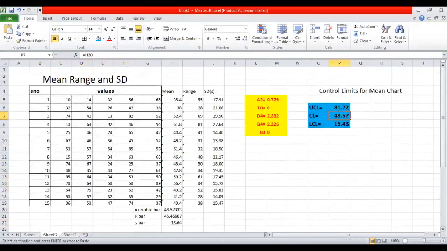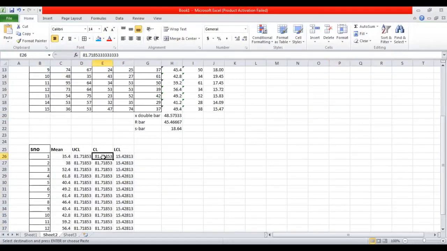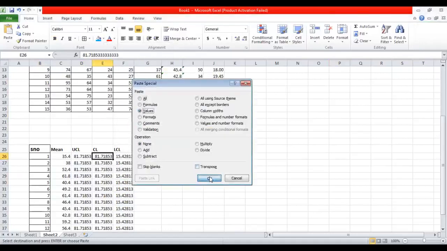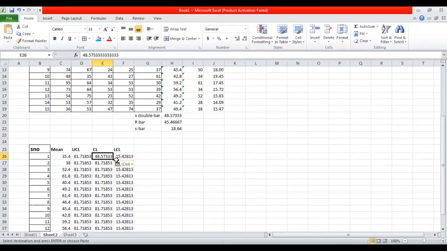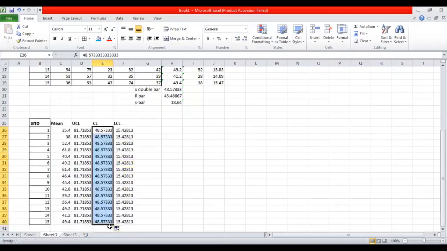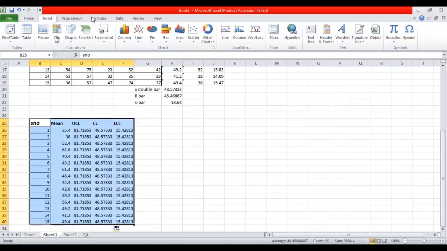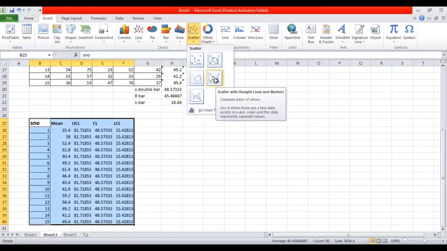Control C. Yes, now find out the control chart. Select all the values: serial number, mean, UCL, CL, LCL. Then from the insert menu, go to scatter, select any type of chart.